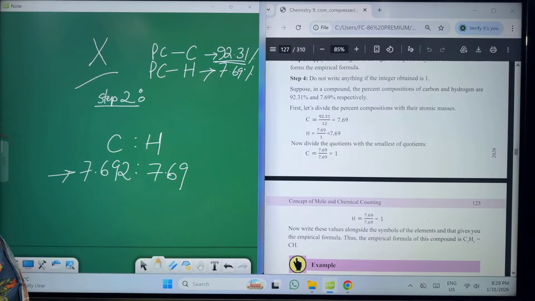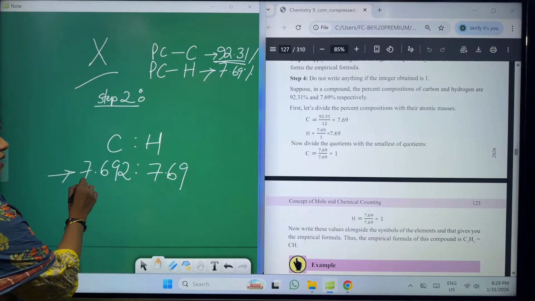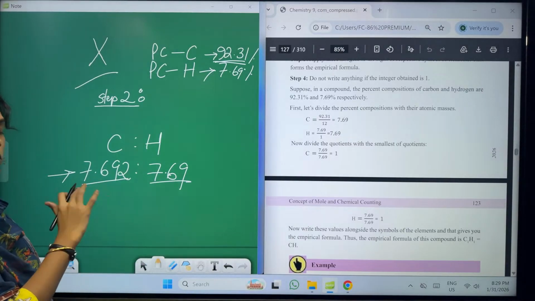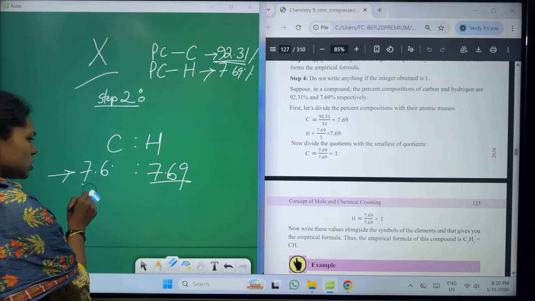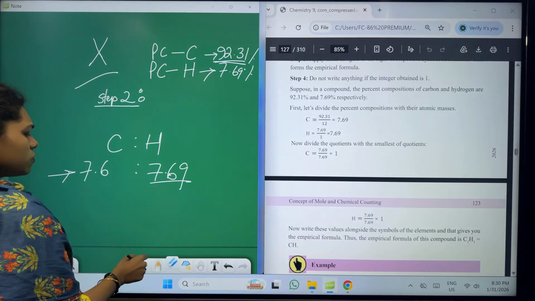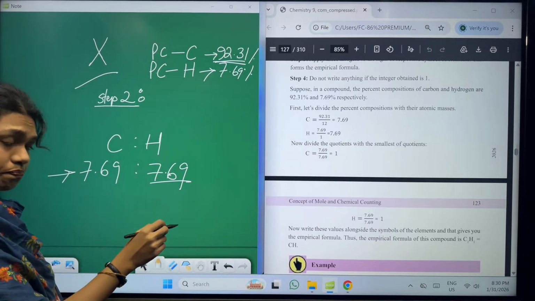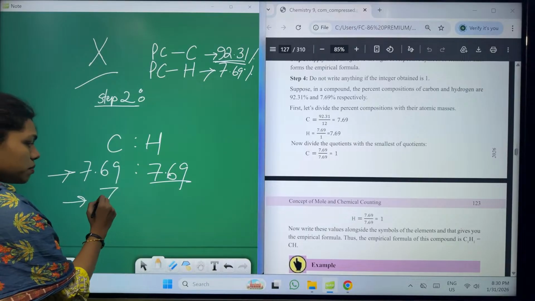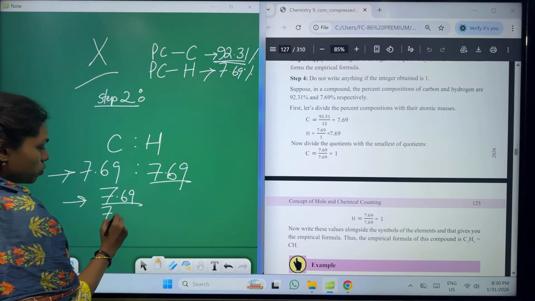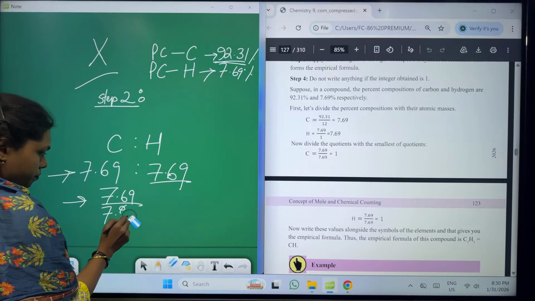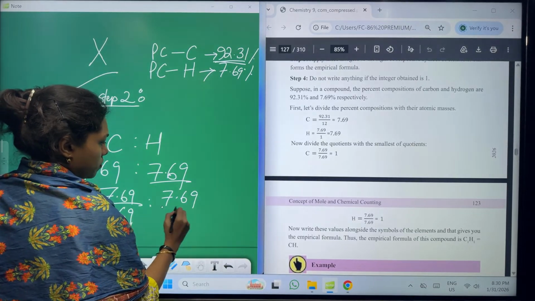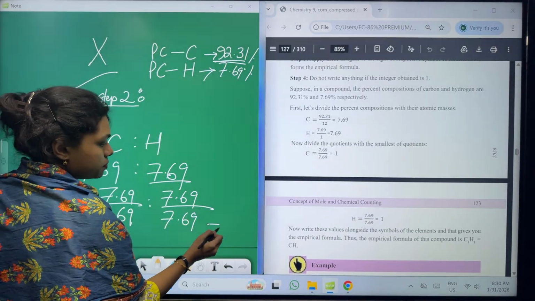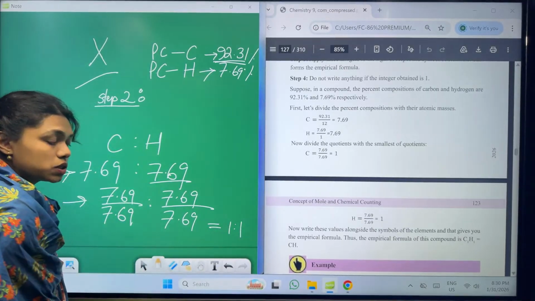As I told you, we will always approximate into a whole number. Can we say this 7.69 and 7.69 are pretty much similar? I can easily ignore the 2, for the ease of calculation. When they become similar, I can divide them both by the same number and have a perfect ratio of 1:1.